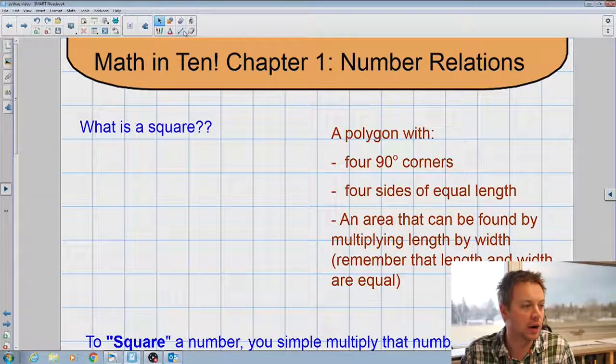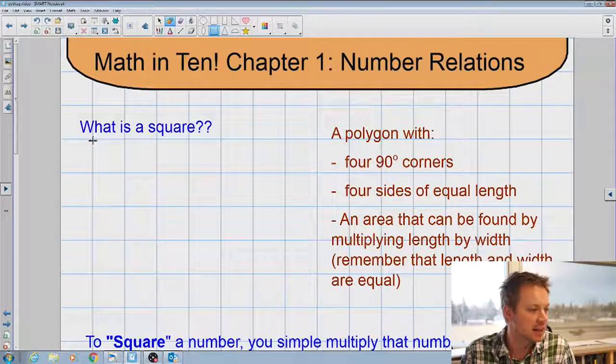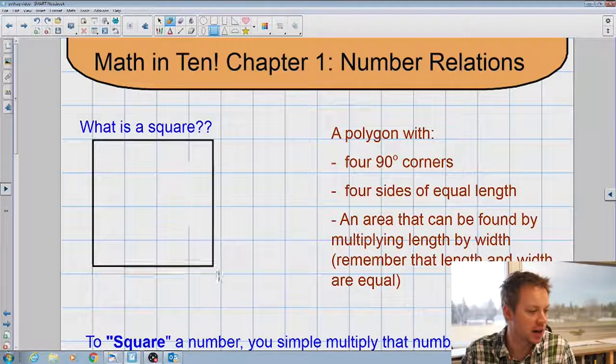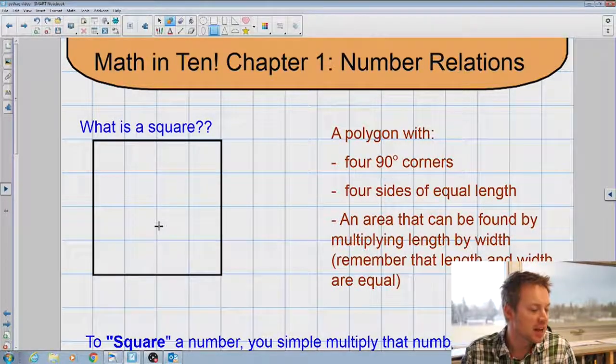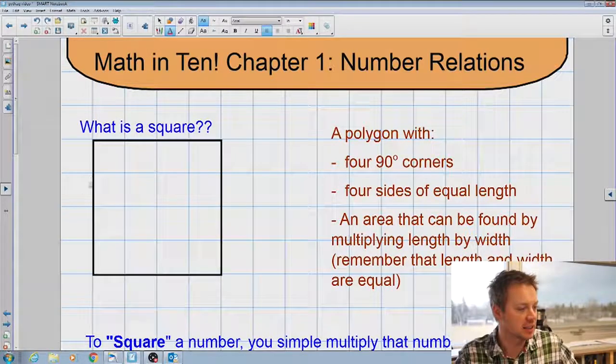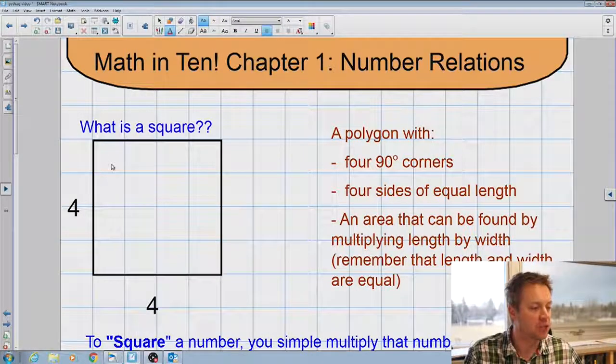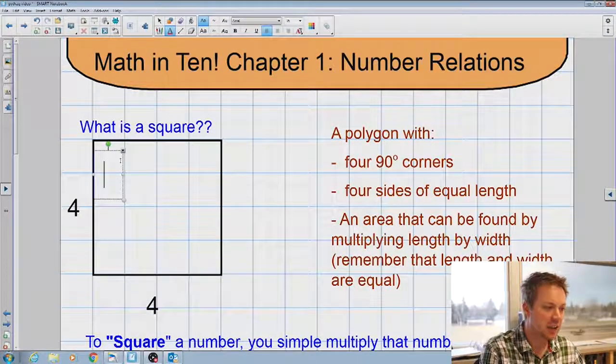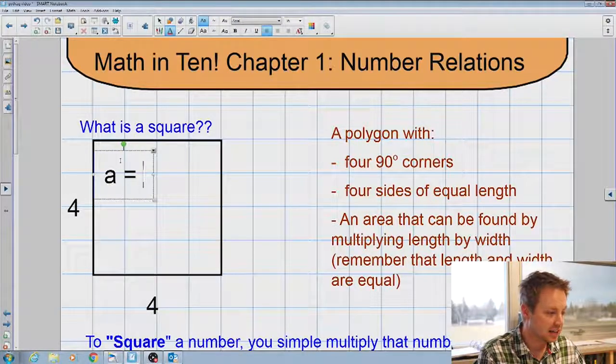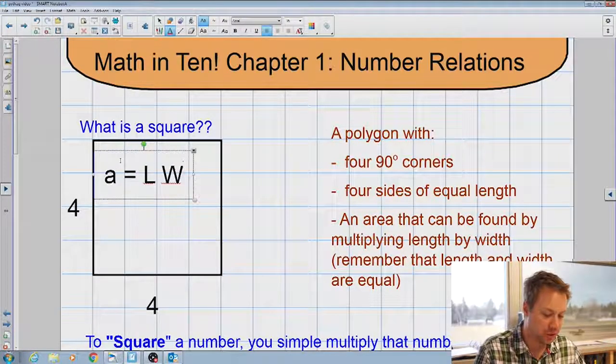So if I draw a square here, I can just use some tools. And I'll start here. I'll make my square 4 by 4 units. So you can see here that if my square is 4 by 4, I can always find the area of that square. And finding the area of that square, I just need to say area is equal to length times width.